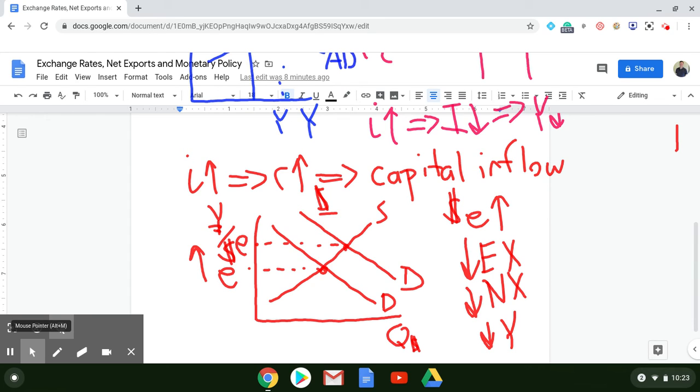So imports would actually go up too. But it's the same effect. Net exports go down and output goes down.